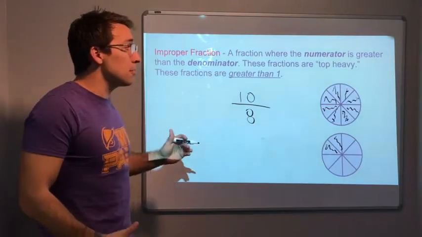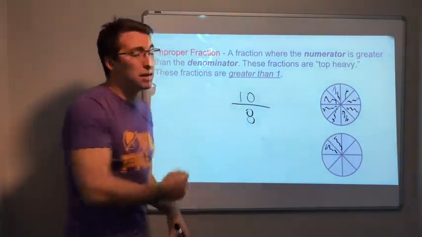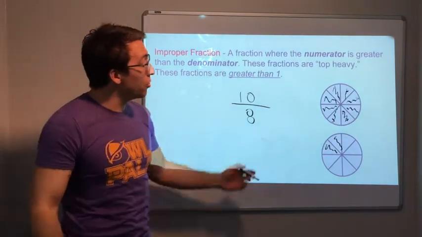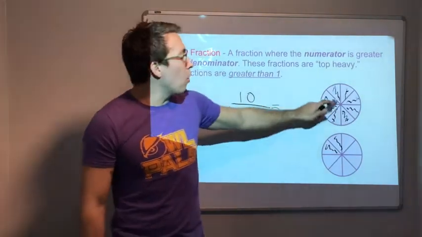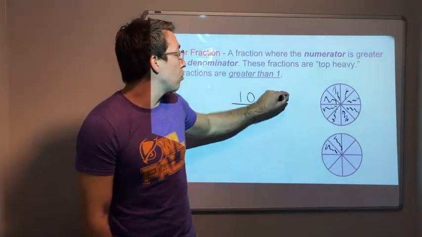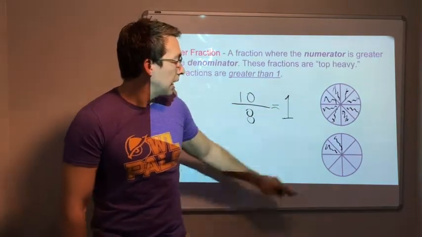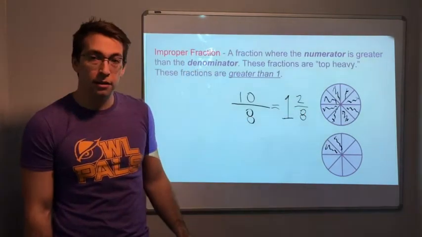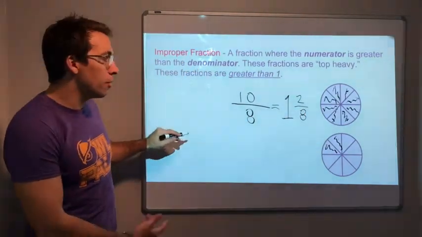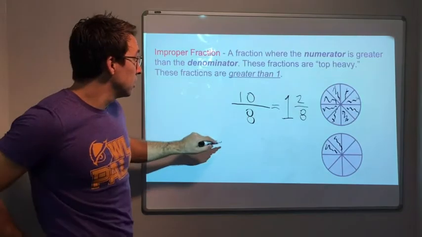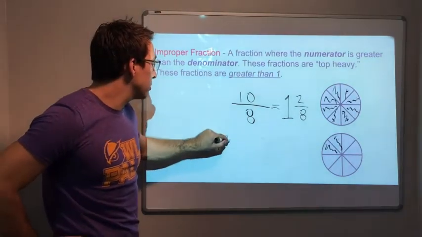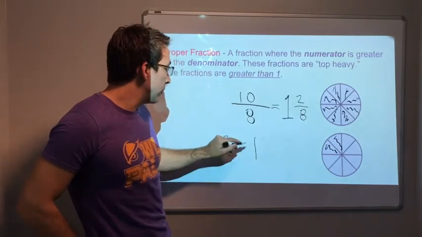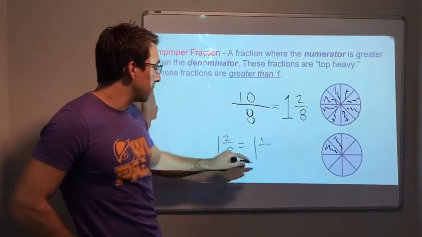It's improper. It doesn't make sense. The top number is bigger. That means it's greater than 1. So the reality is, look, I had 1 full pizza, right? I had 1 pizza and I had 2 out of 8, right? So look, and then now, remember with reduced fractions, I can say 1 and 2/8 equals 1 and 1/4. 2 divided by 2 is 1. 8 divided by 2 is 4.